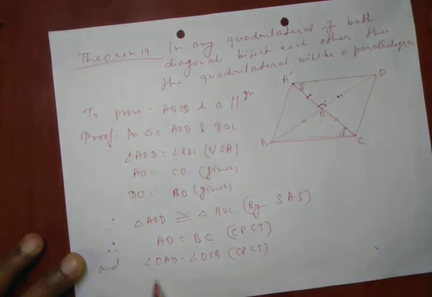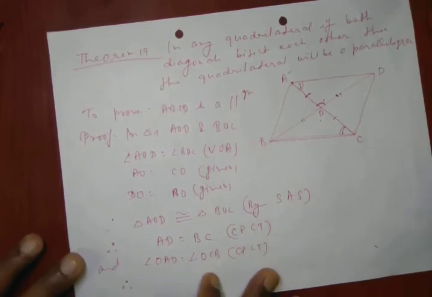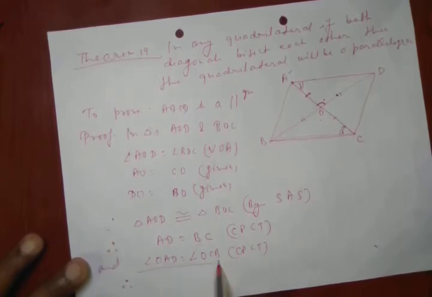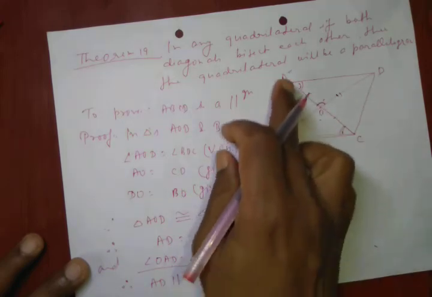So here you will write that since AD and BC are line segments and AC is the transversal, and these are making the alternate angles equal, that is why AD is parallel to BC.